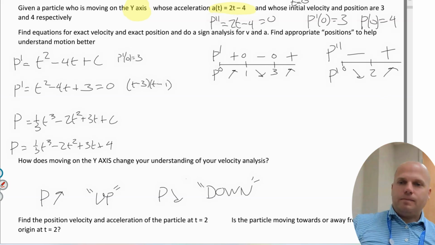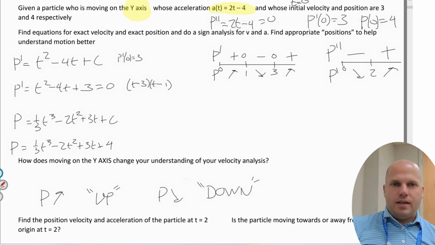I hope you're understanding. And now we can talk about speed, we can talk about everything, but the last thing they want us to do is to figure out some positions so that we can understand the last part of things, which is how far do we increase or decrease.